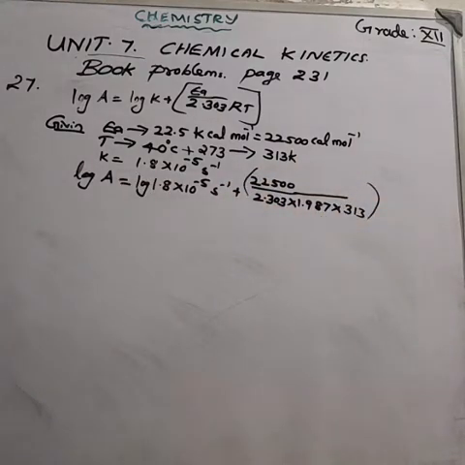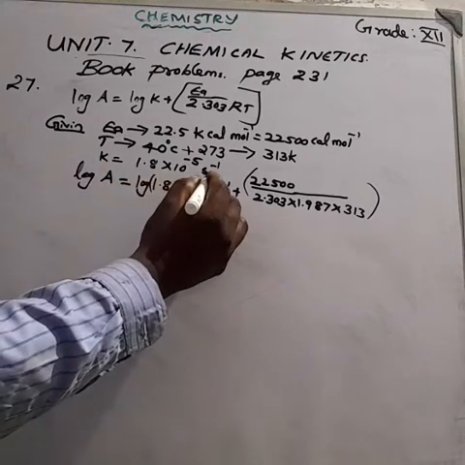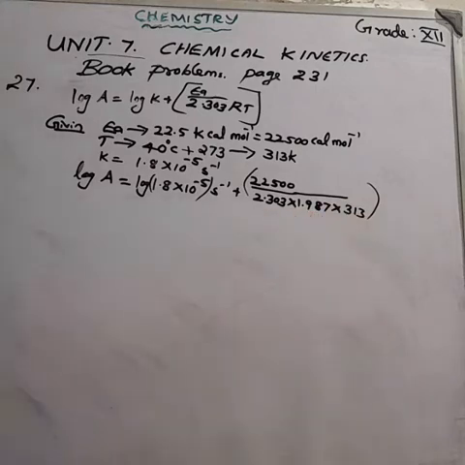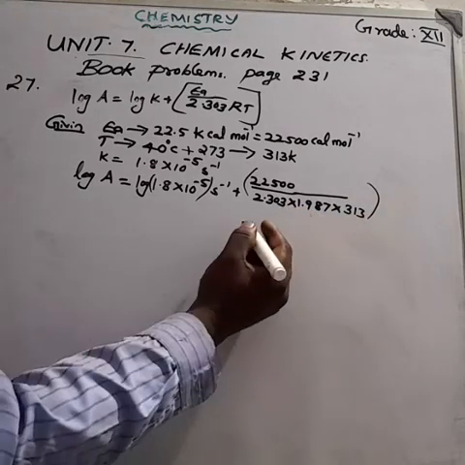First I am multiplying 2.303 into 1.987 into 313.